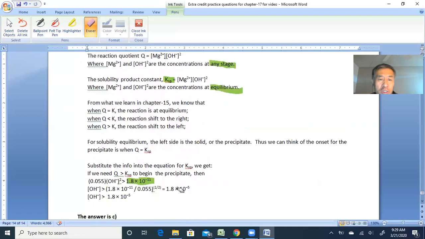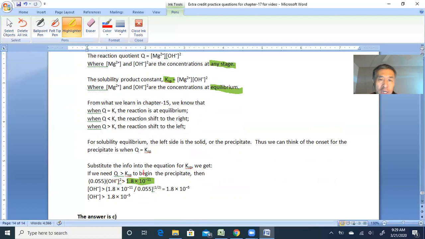So what we will do is use this inequality to solve the problem. We have our Q, which has the expression like here. We plug in the number for Mg2+ here, and we don't know the hydroxide concentration yet, so we keep it in this equation.